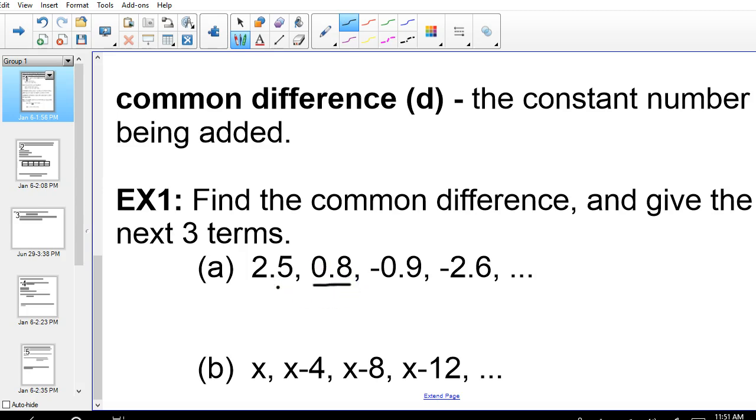So if you were to do 0.8 minus 2.5, you get negative 1.7. And then if you have 0.8 and you subtract 1.7, that'll give you negative 0.9. And if you subtract 1.7 again, you'll get negative 2.6. So your common difference, which I'm going to denote with a D right here, is negative 1.7.